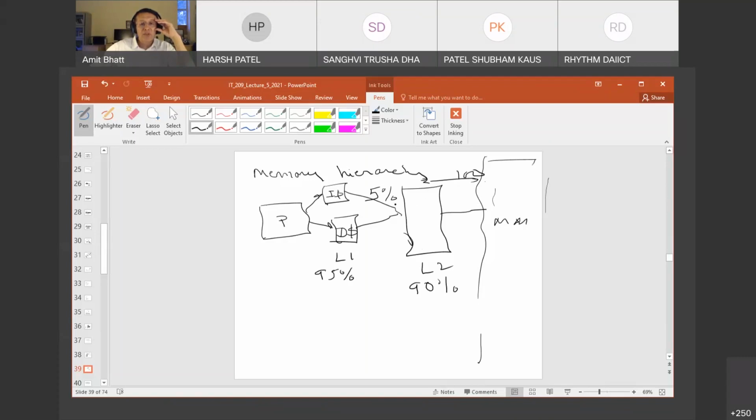And so 10% of 5% means 0.5% of the time you'll have to go all the way to main memory. So if you are using a laptop or a server, you can say, okay, it's a good deal. I mean, most of the time my work will be done very fast.